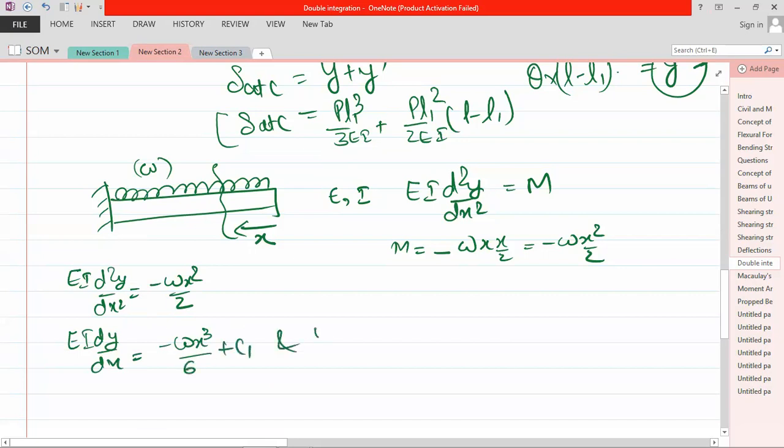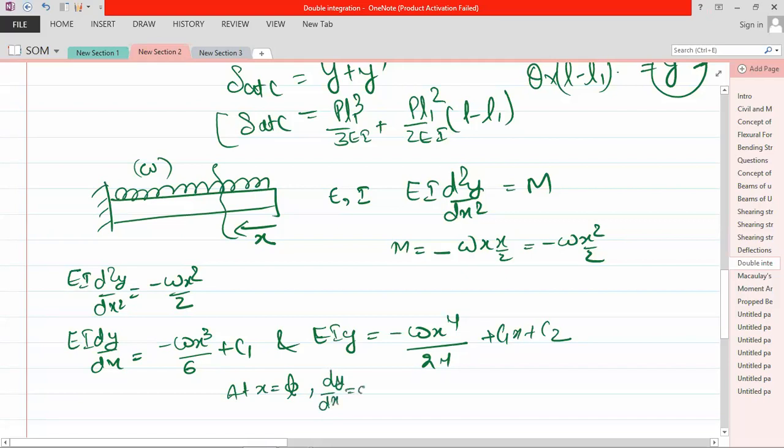And again if we integrate, EI y will be minus w x to the power 4 divided by 24 plus c1 x plus c2. Now the boundary conditions: at x is equal to L, dy by dx is equal to 0 and y is equal to 0.